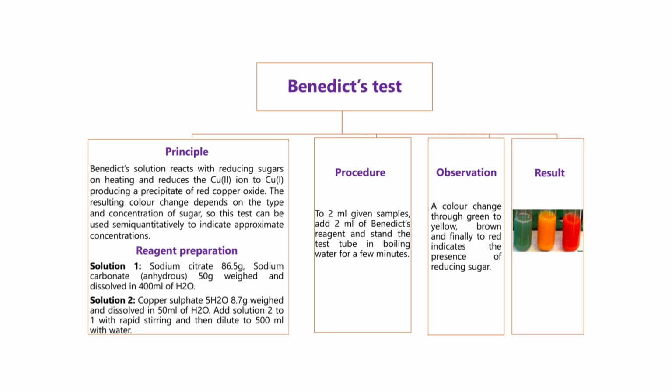If the color change is from green, yellow to brick red, it indicates the presence of glucose in the sample. The color change from green to brick red indicates the concentration of the sugar found in the sample. Hence, Benedict's test is said to be the semi-quantitative test to indicate the approximate concentration of the sugar found in the sample.